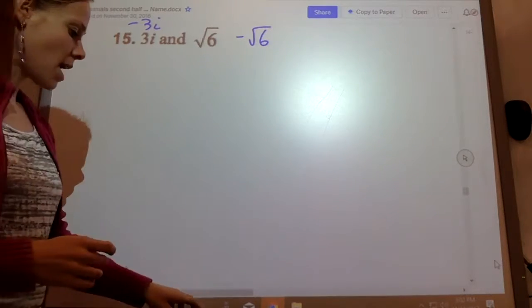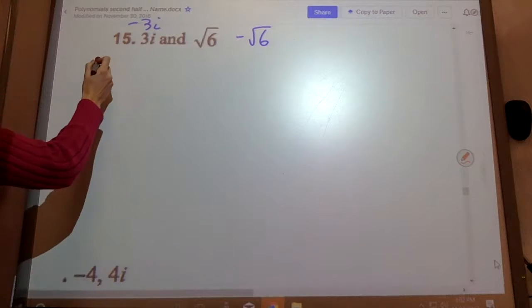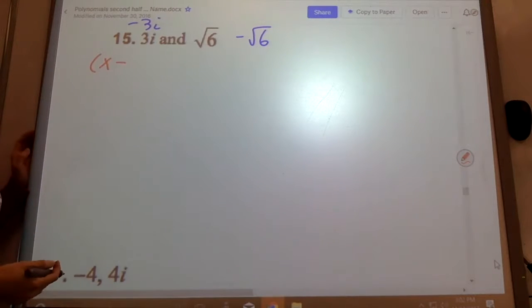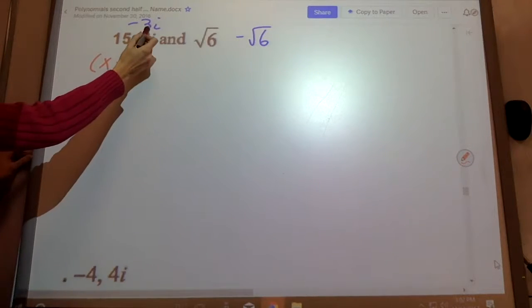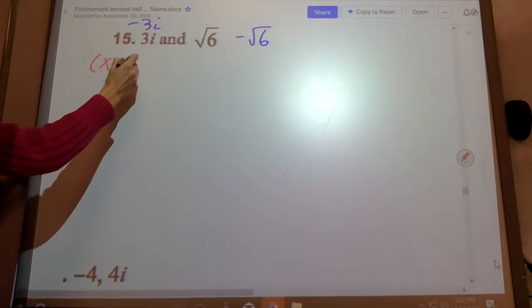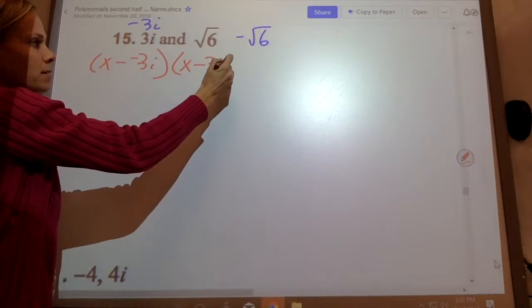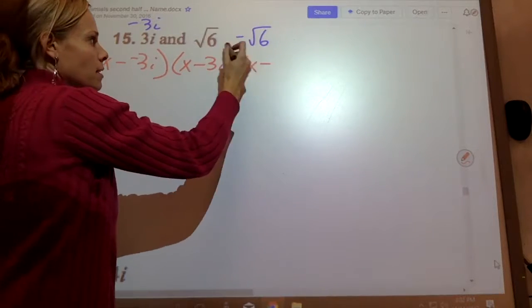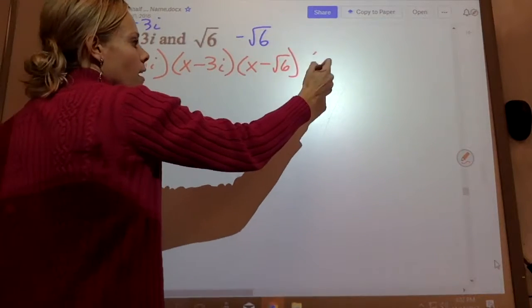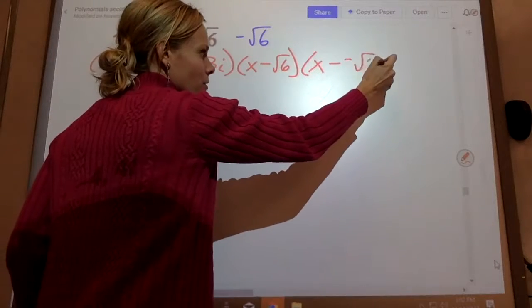So what I mean by that is always set up with an x minus. So my first root is a negative 3i. I'm going to go x minus negative 3i. X minus a positive 3i. X minus a square root of 6. X minus a negative square root of 6.